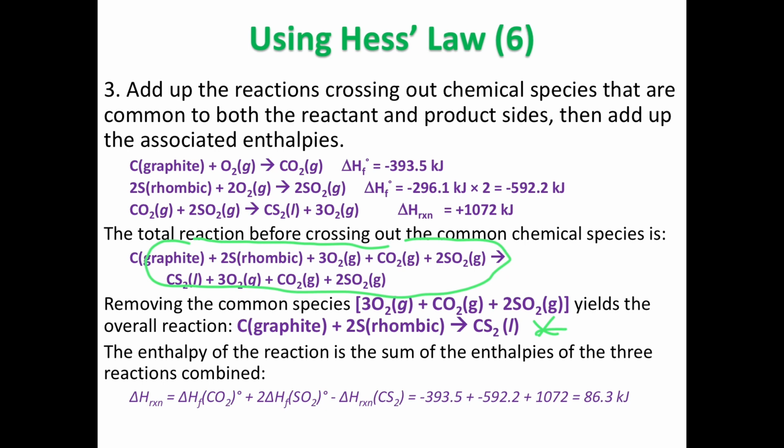Adding up the enthalpies for the 3 reaction parts, the enthalpy of formation of carbon dioxide, 2 enthalpies of formation of sulfur dioxide, and the negative of the enthalpy of combustion of carbon disulfide, gives an enthalpy for the reaction of 86.3 kilojoules.